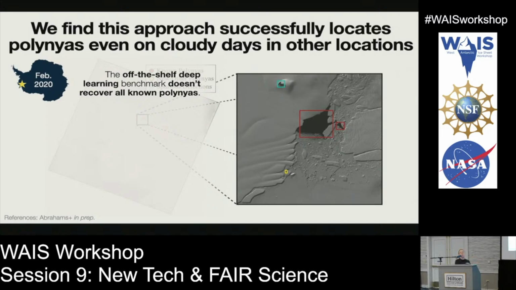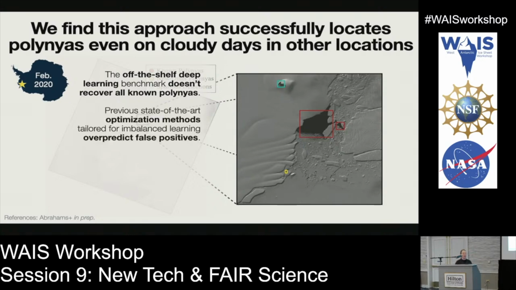To check that our method was necessary, we compared this to off-the-shelf computer vision deep learning benchmarks. And we find that those benchmarks not only don't recover all the known polynyas, but also get stuck on false positives like ice leads. I'm going to skip through this slide because it's more of the computer science, but I'm really happy to talk more with you about it.